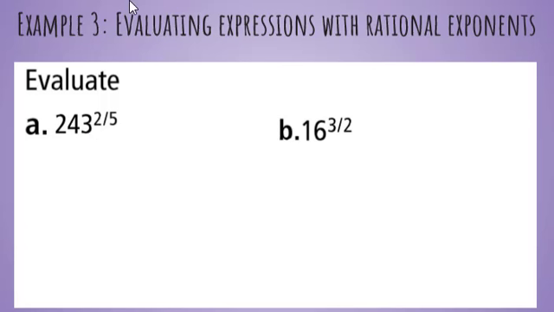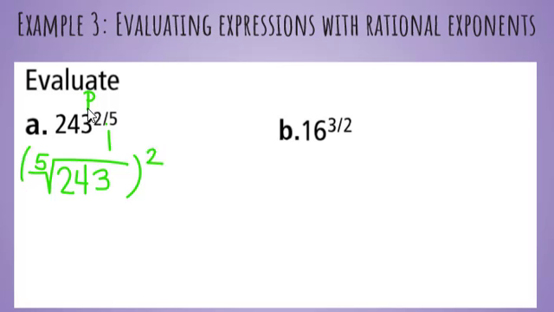In example 3, we're evaluating more rational expressions. If you notice, our numerator now is not 1. We have another numerator. So again, it's still power over index. So I'm going to draw my radical. My index is 5, 243 is my radicand, and then this is raised to the second power.